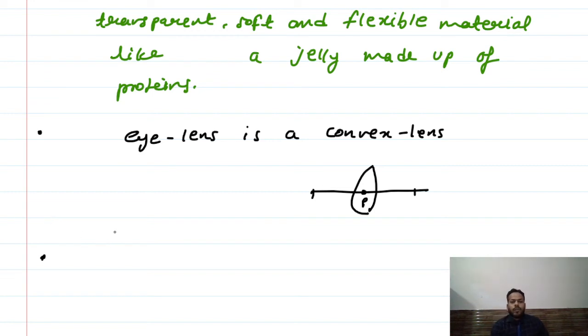Due to the flexible nature of the lens, eye lens can change its shape.